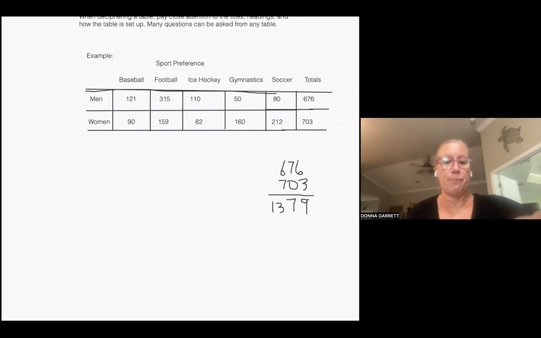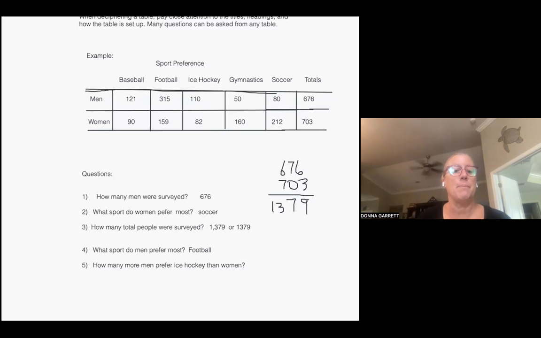Okay, last question. How many more men prefer ice hockey than women?